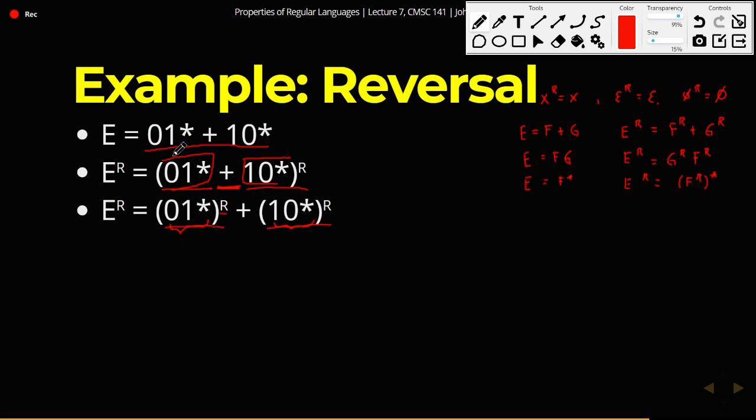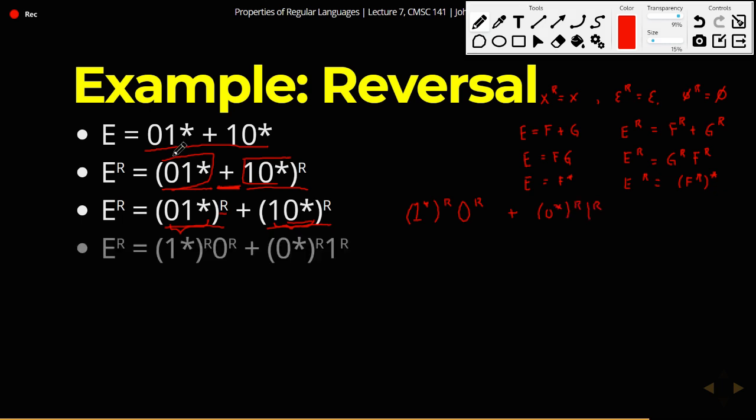So for the reversal of 0, 1 star, that would be 1 star reversed, and then 0 reversed. And then you take the union with, for this expression, 0 star reversed, and then 1 reversed.